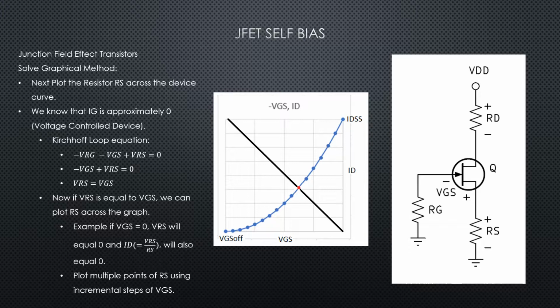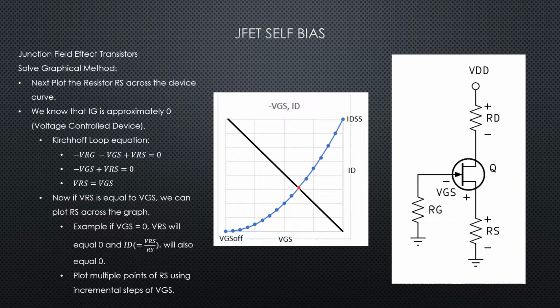What we're really doing is saying, if VRS is equal to VGS, then at 0 VGS, 0 volts divided by RS should be a 0 ID. Then just march that across all the way to VGS off, calculate what the ID would be, and plot that straight line.